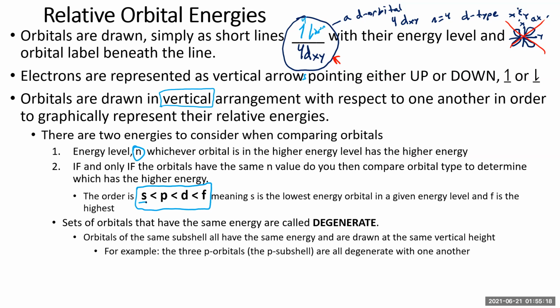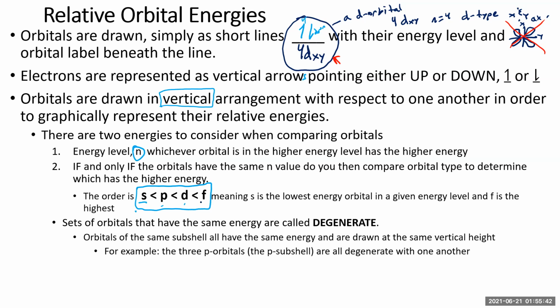It's the simplest and lowest energy, most stable orbital. S is the lowest energy, f, as in Frank, is the highest energy. So it goes from s, lowest, p is the next lowest, d is the second highest, and f is the highest energy. It's in that order, but again, only if you're comparing like energy levels.